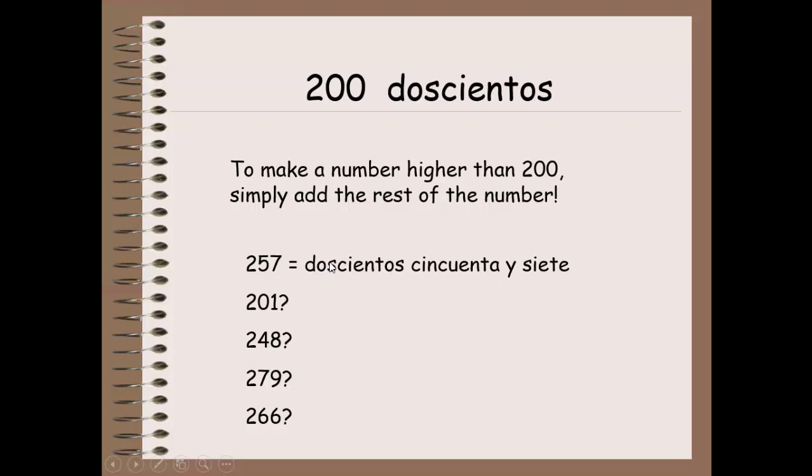So now I have 200, and I have to make that plural. So 200, and then I just add 57. Okay, so you guys try 201, 248, 279, and 266, please.